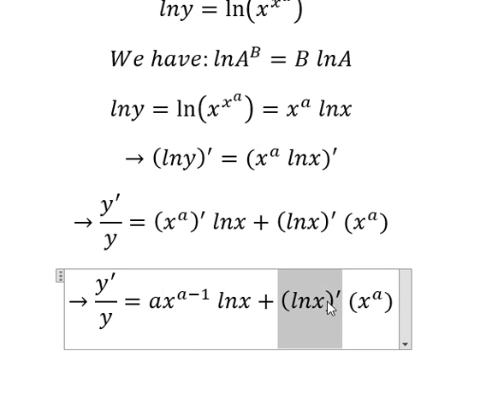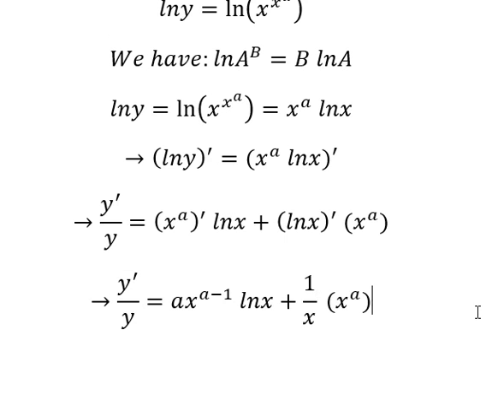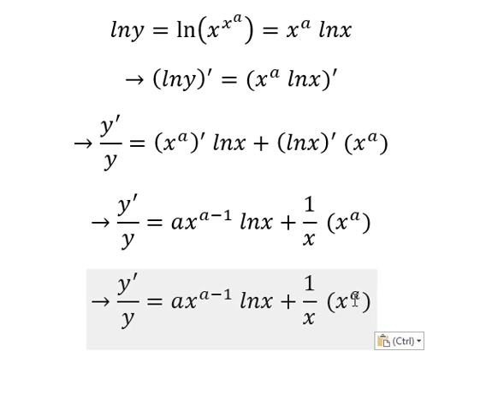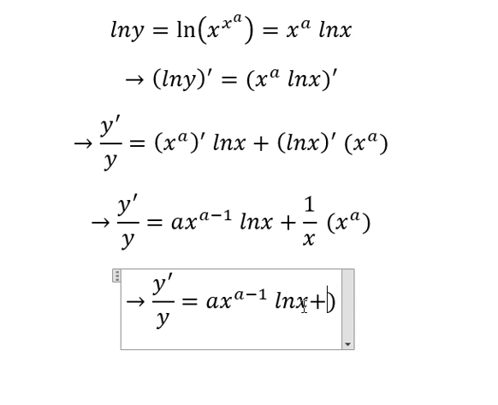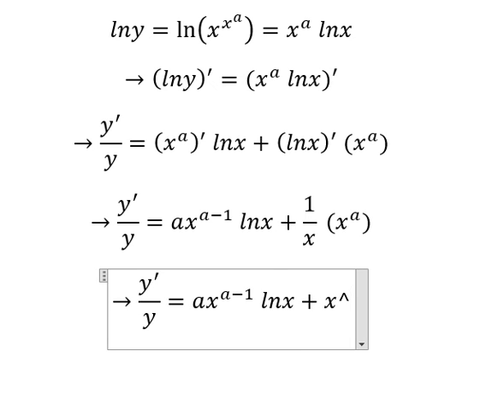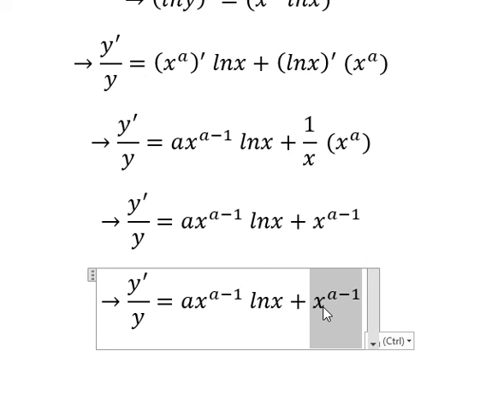So this one we have 1 over s. So this one multiplied by this one, we will have s to the power of a minus 1. So we have s to the power of a minus 1.